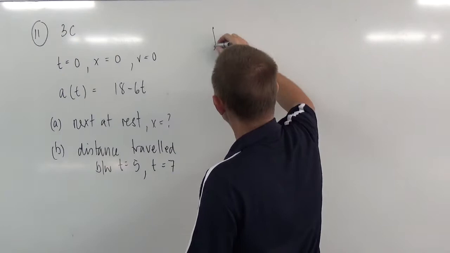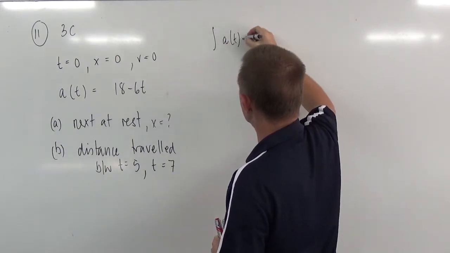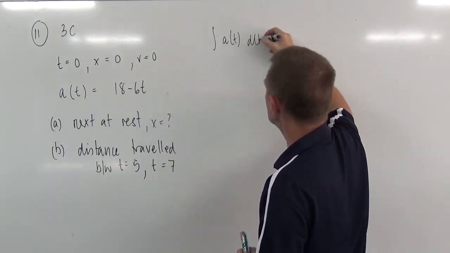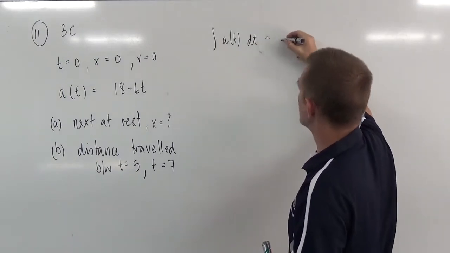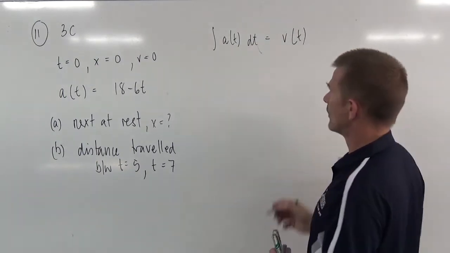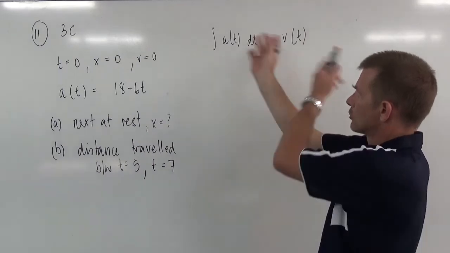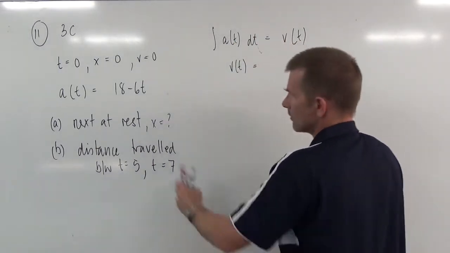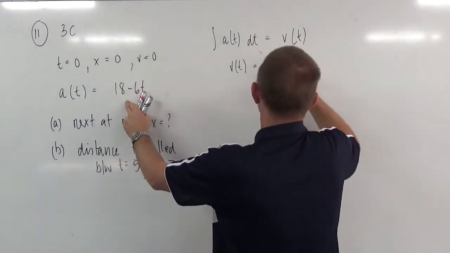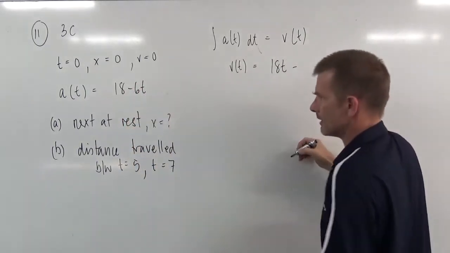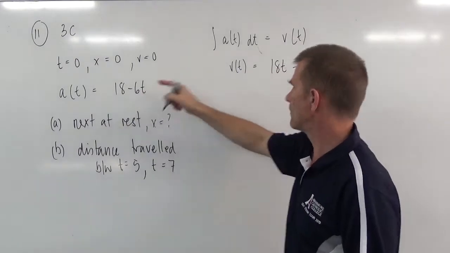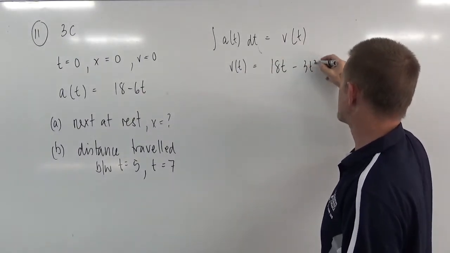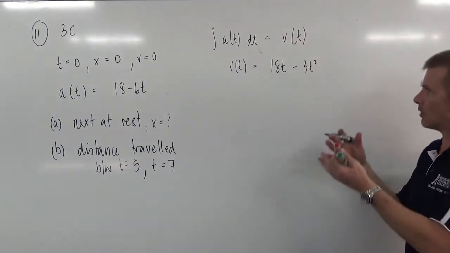So if I integrate acceleration with respect to time, dt, I'm going to get velocity with respect to time. Therefore, v of t is going to equal the integrated version of this, which is 18t minus, raise the power, divide by the new power, 3t squared. So that one there is my velocity.